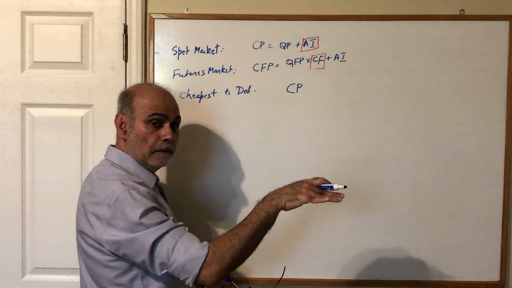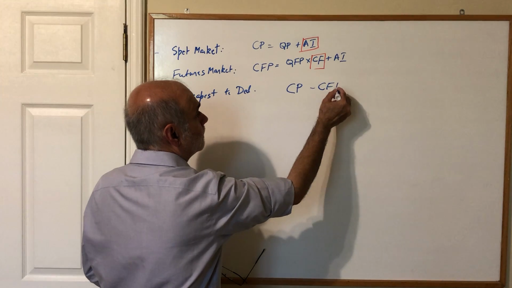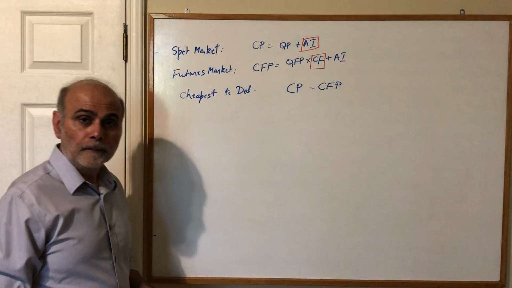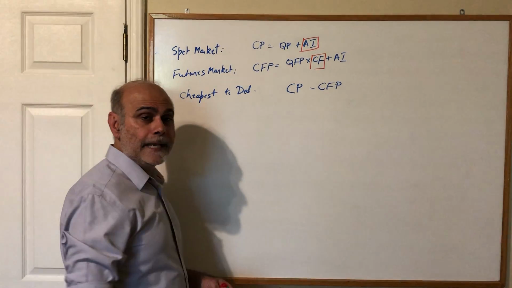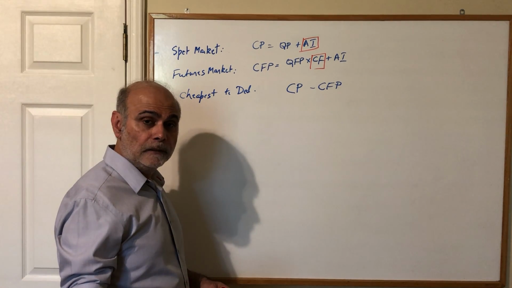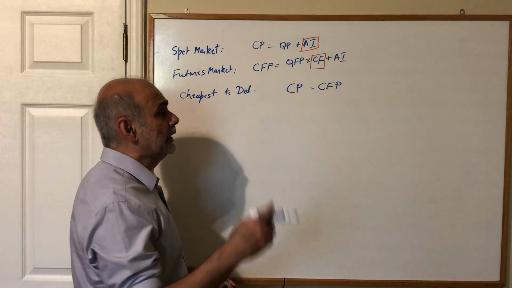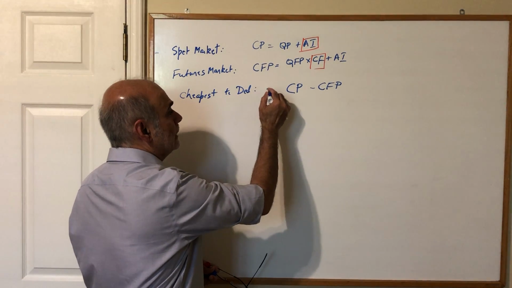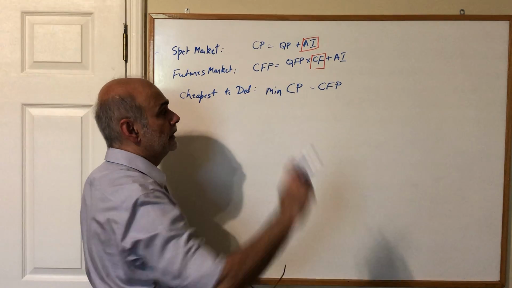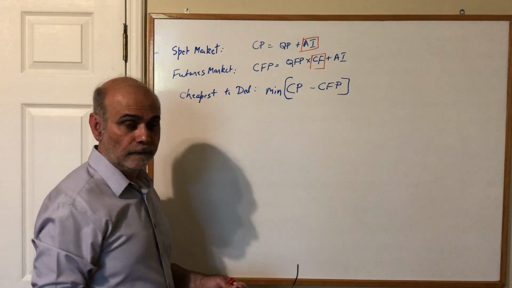When you deliver the bond, you get paid the cash futures price. So this represents the net cash outflow with respect to the person with the short position, and what this fellow wants to do is minimize that net cash outflow.